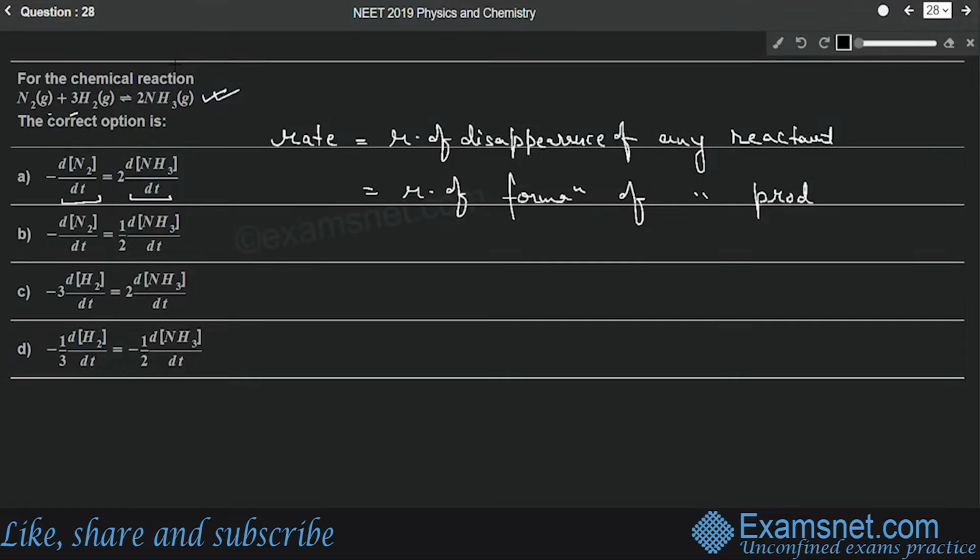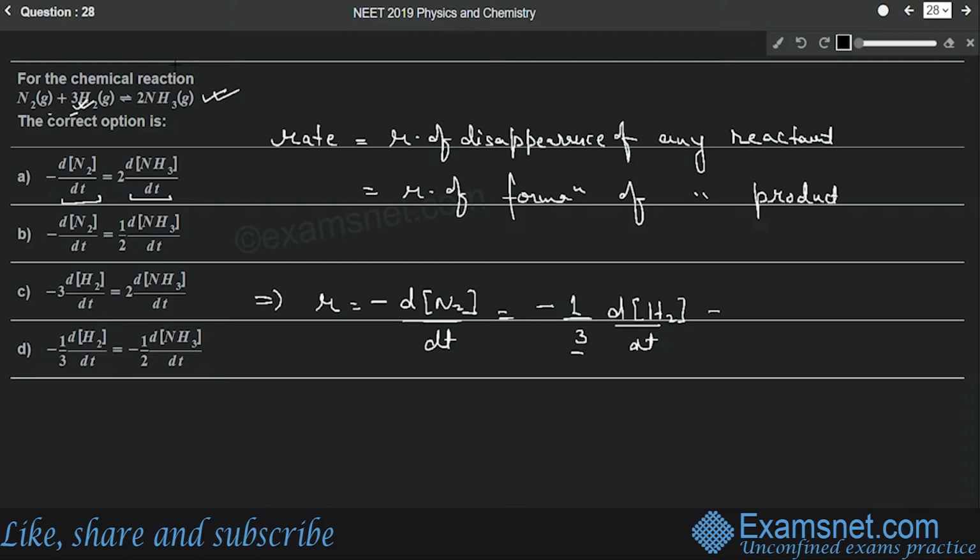Okay, that means rate will be equal to minus dN2 by dt, minus sign because the amount of reactant will be reducing. And rate will also be equal to minus 1 by 3 dH2 by dt, because we can see that 3 moles of hydrogen are participating in the reaction. So this will be written like this, 1 by 3.